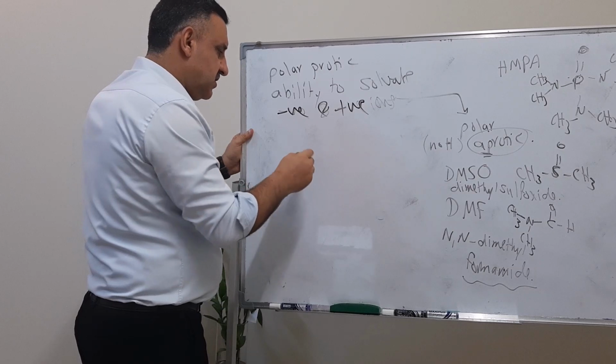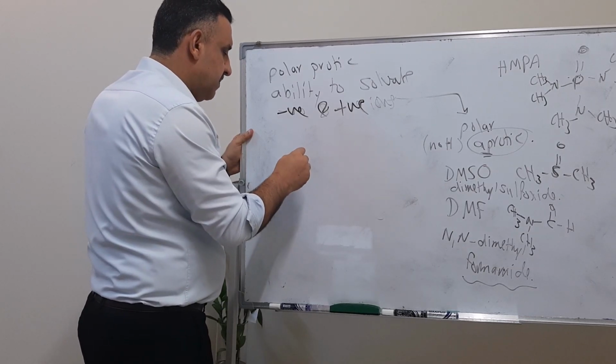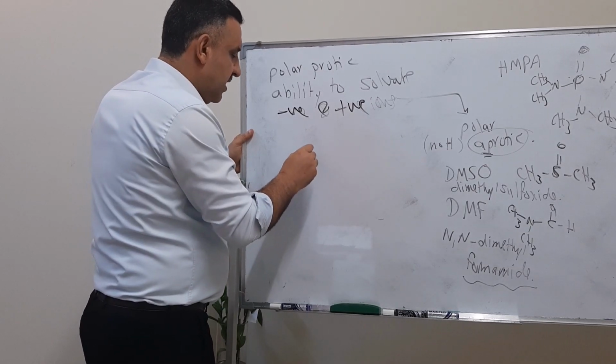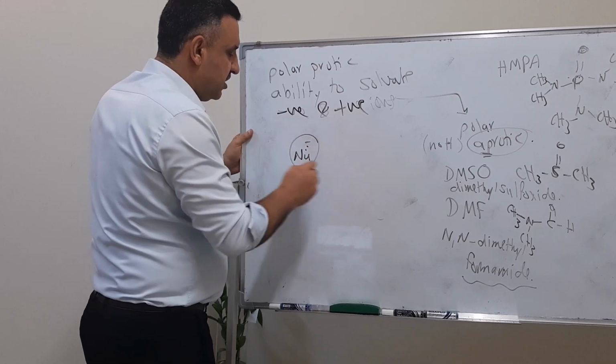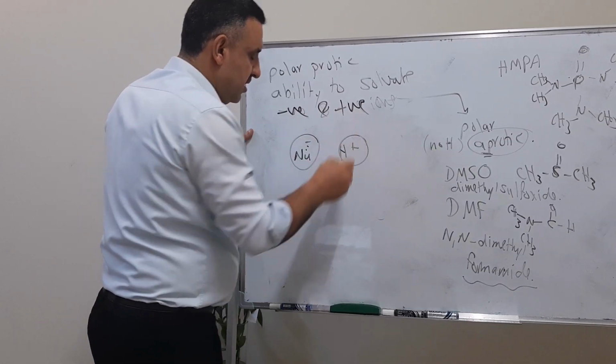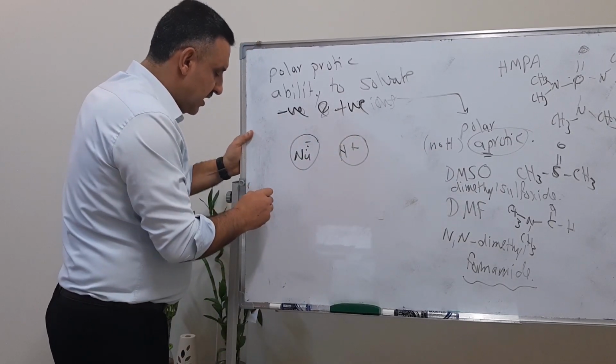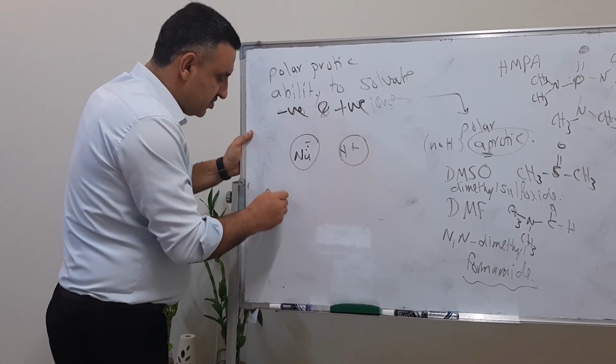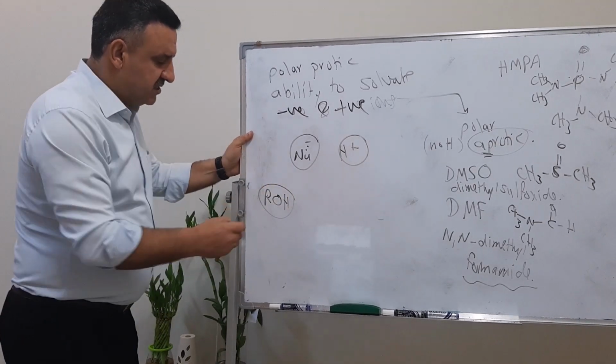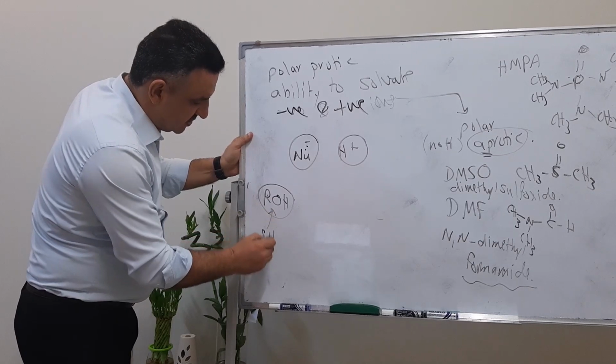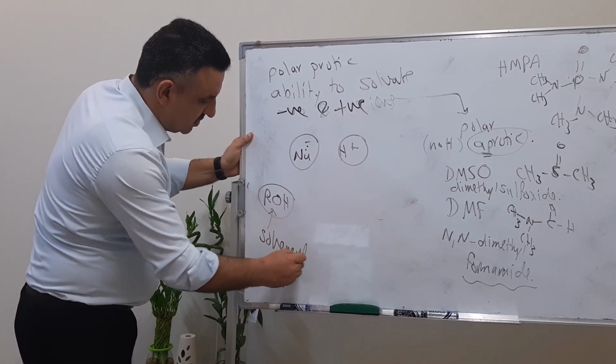In other words, if you have a nucleophile in the solution and H plus in solution, and you have, for example, alcohol, ROH, this is the solvent, which is polar protic.